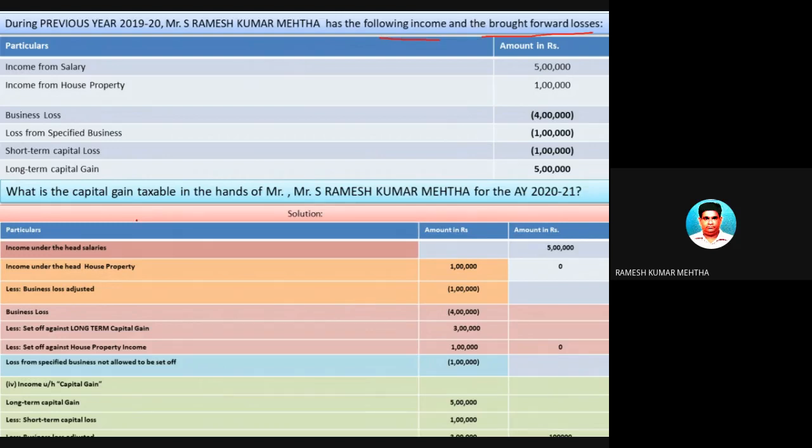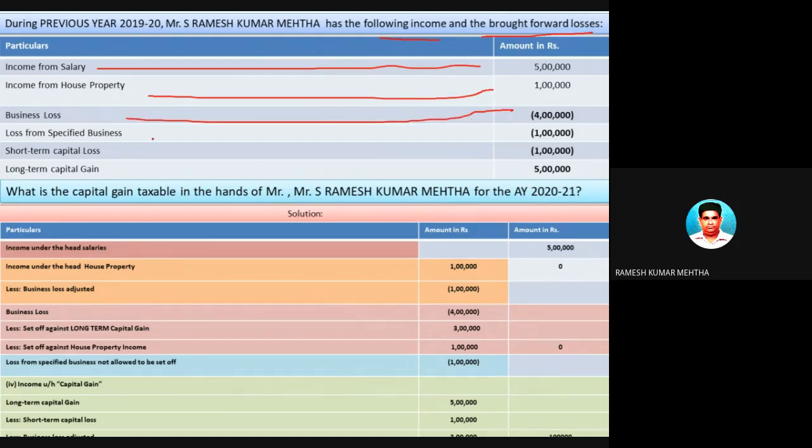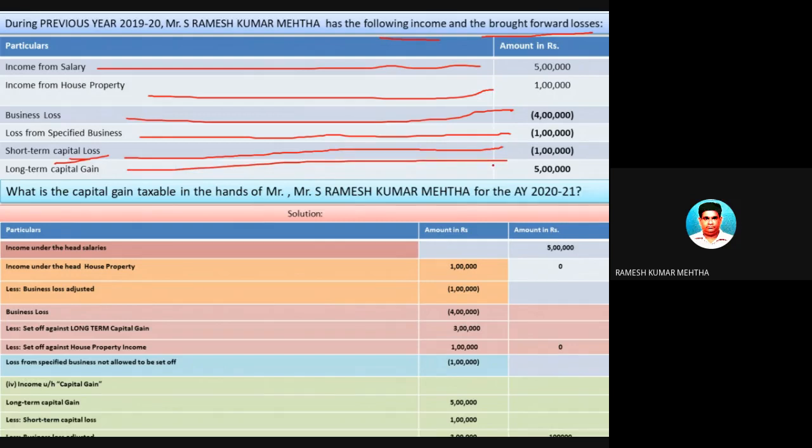Let's look at the incomes: income from salary, income from house property, business loss, loss from specified business, short-term capital gain, short-term capital loss and long-term capital gain. So let's solve the problem.